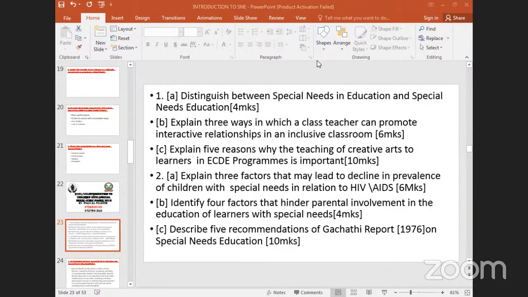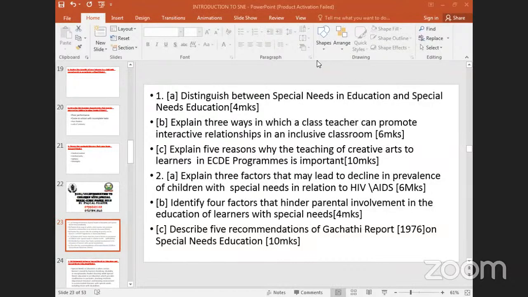Thank you, Pascal, for intervening here. Now, we were talking about factors that may lead to declining the prevalence of children with special needs in relation to HIV and AIDS.